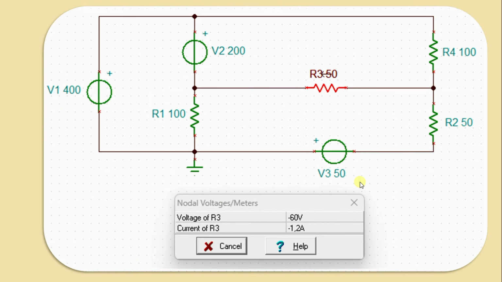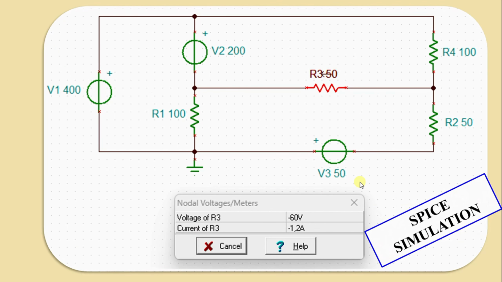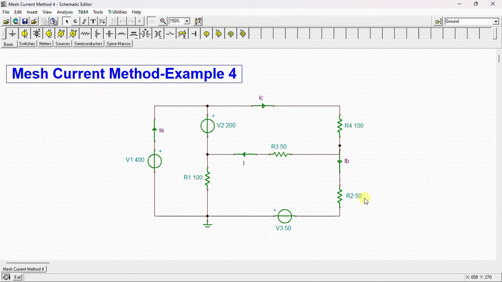After we finish calculation, we have done simulation using SPICE simulator in order to verify our results. Let's go now together to SPICE simulator environment. Here is the circuit made by SPICE simulator. We can see here V1 400 volt, R1 100 ohms, V2 is 200 volt, R3 50 ohms, V3 is 50 volt, R2 is 50 ohms, and R4 100 ohms.